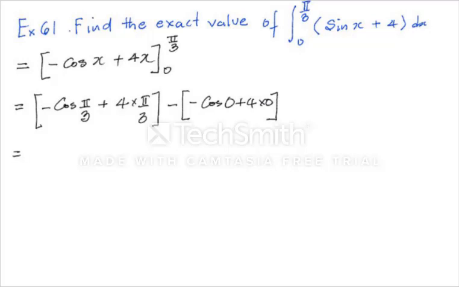So pi by 3 is 60 and cosine of 60 is a half. So this is minus a half plus 4 pi by 3.